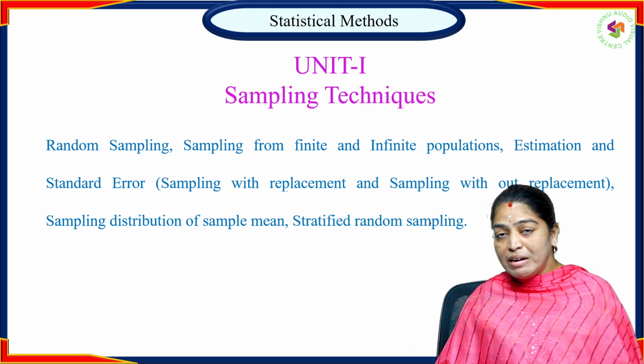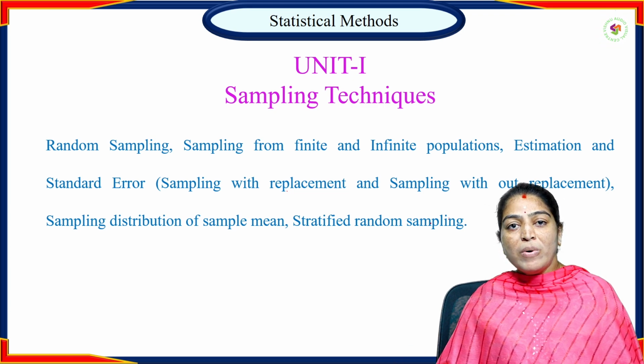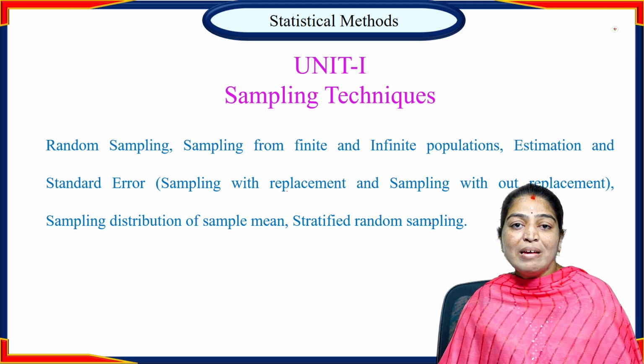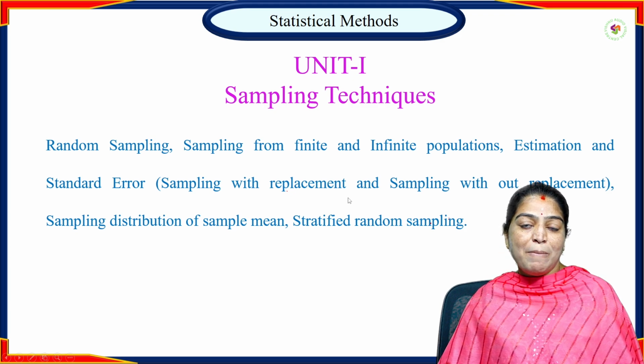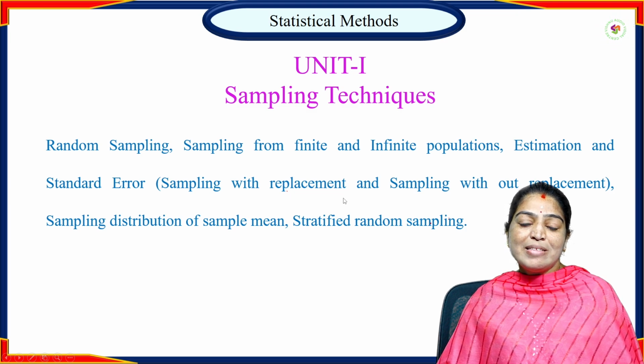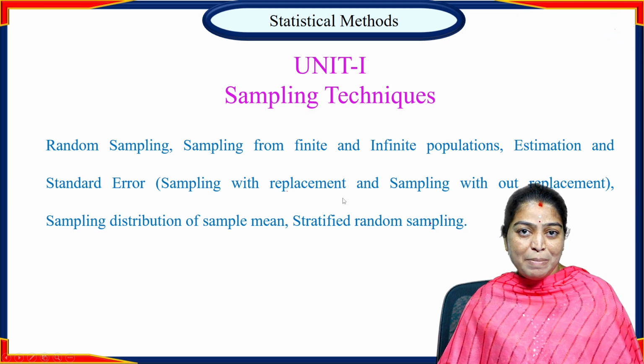In sampling methods, the most important and frequently used methods are simple random sampling and stratified random sampling. Simple random sampling: we may select a sample in 2 types, random sample and non-random sample. Random sample is nothing but random.